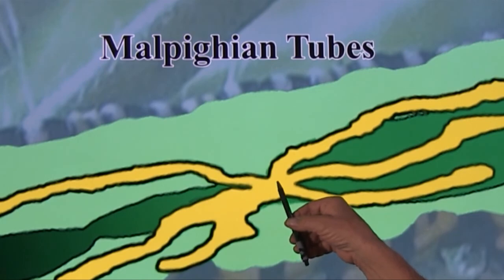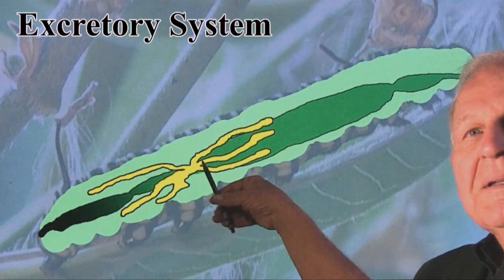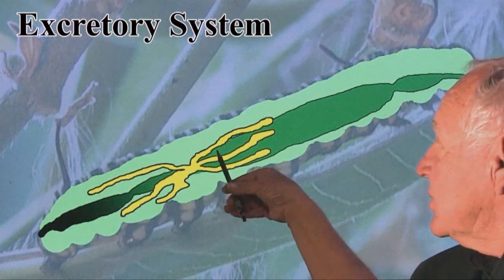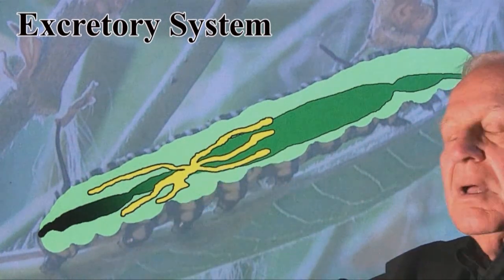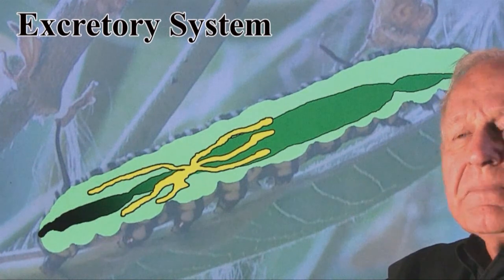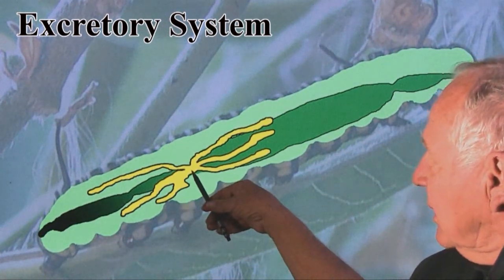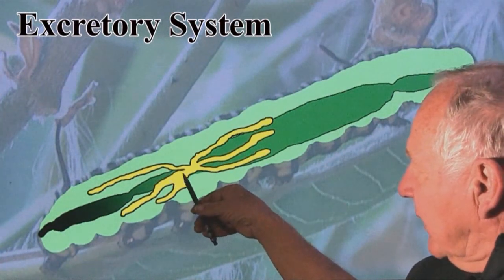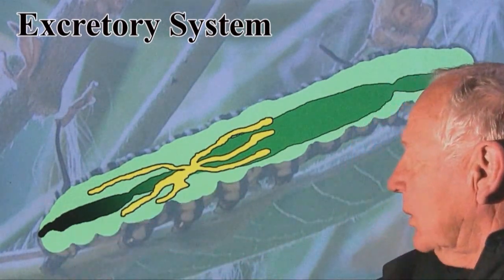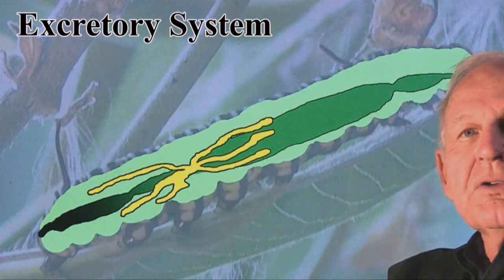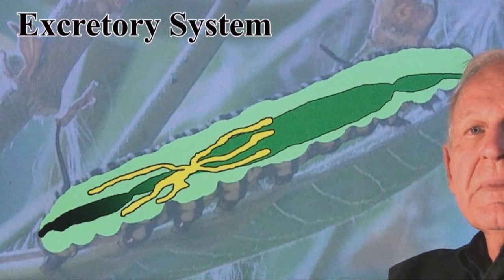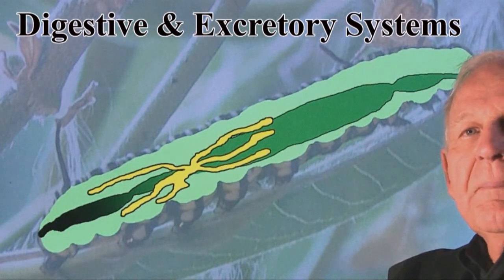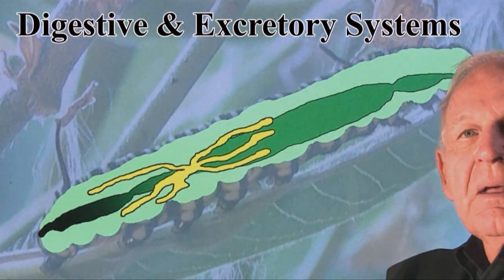So the Malpighian tubules then will collect nitrogenous wastes from body fluids and concentrate the material mostly into uric acid, which will find its way in between the foregut and the midgut and exit from the body with the other material that goes from the digestive system. Those two systems are important for the metabolism of the caterpillar.